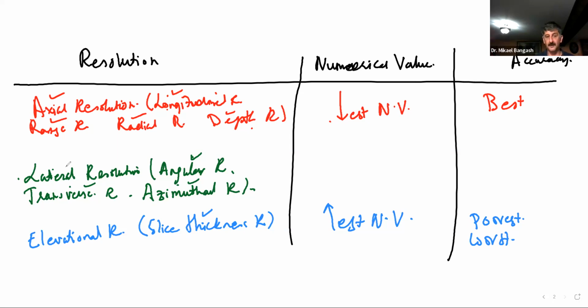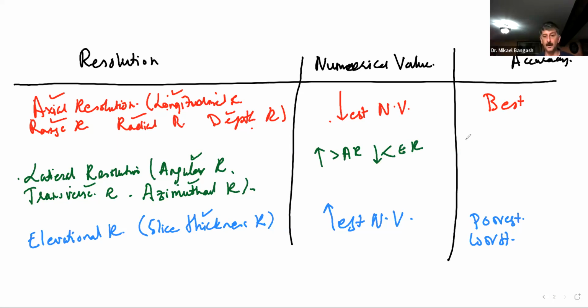Because for the lateral resolution, the numerical value is going to be greater than the axial resolution, but most likely lesser than the elevation resolution.